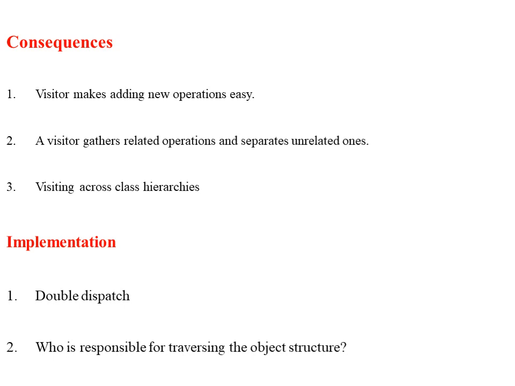That is nothing but single dispatch: the name of the request and the type of receiver. For example, we can take the generate code request. What it will call depends on the type of node, such as a variable node. This type of technique we can call single dispatch.